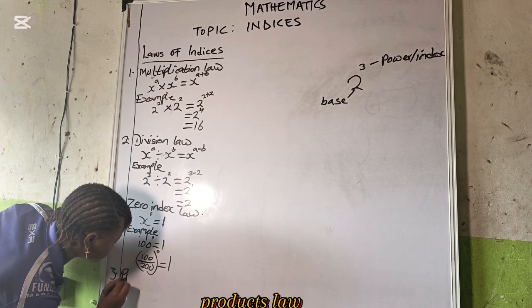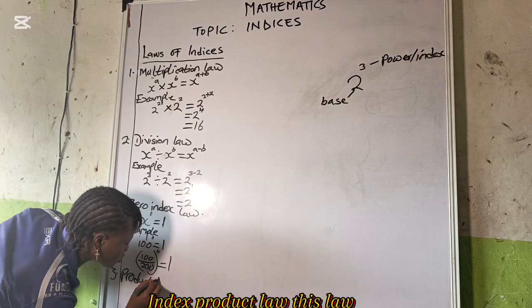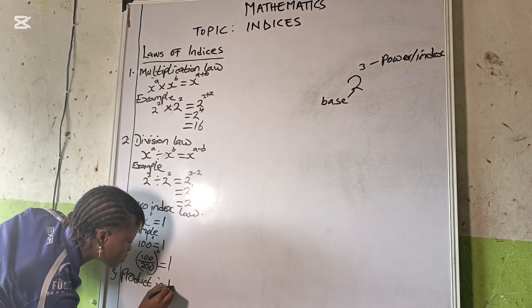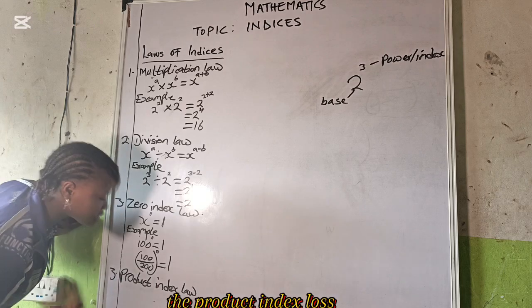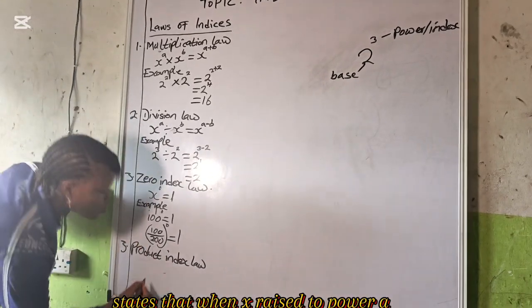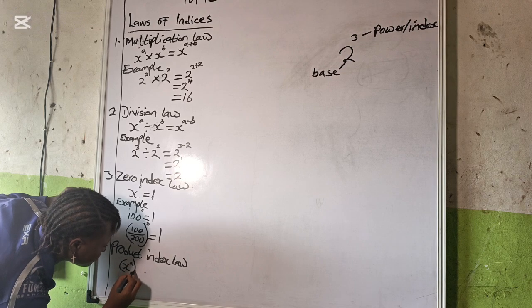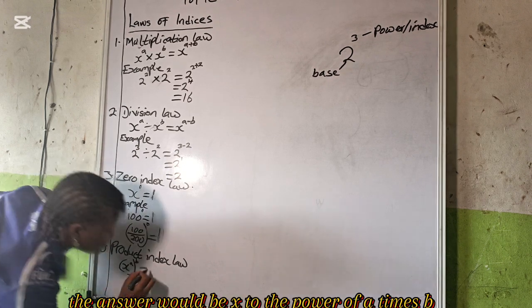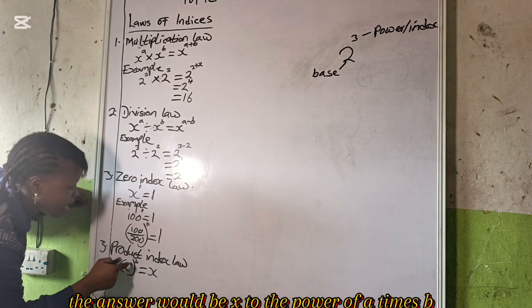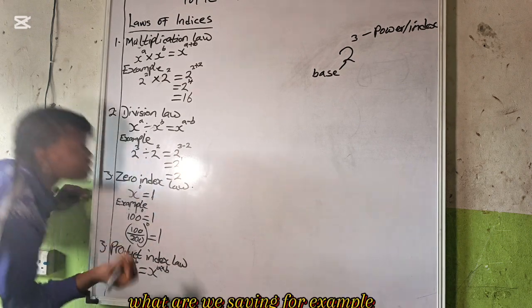So secondly, we have the product law. Product index law. The product index law says that when x raised to power a is raised to power b, the answer will be x raised to power a times b. What are we saying?